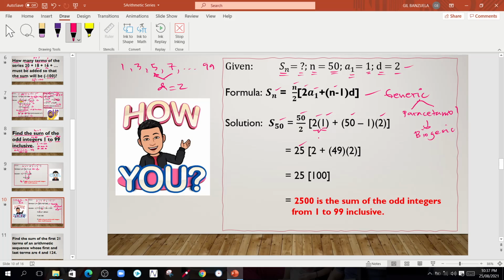Then, 2 times 1, that is equal to 2. Then, 50 minus 1, that is equal to 49. Then, just bring down 2. Then, 49 times 2, that is 98 plus 2. So, yung sum niyan ay 100. Then, 25 times 100. Again, we will arrive at 2,500 to give the sum of the 50 odd integers from 1 to 99 inclusive. Alright?